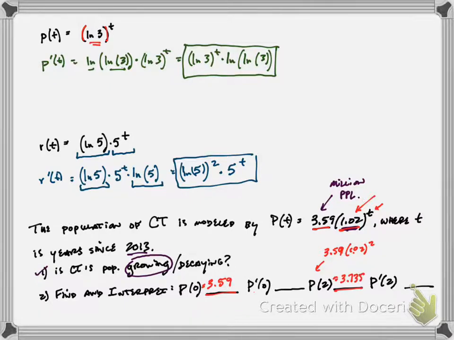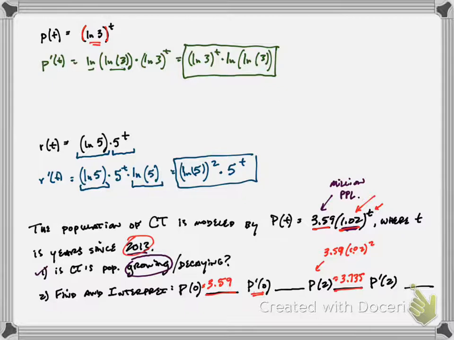And if I'm interpreting that, I'm saying that in the year 2015, because this is 2 years since 2013, Connecticut's population is estimated to have been 3.735 million people.